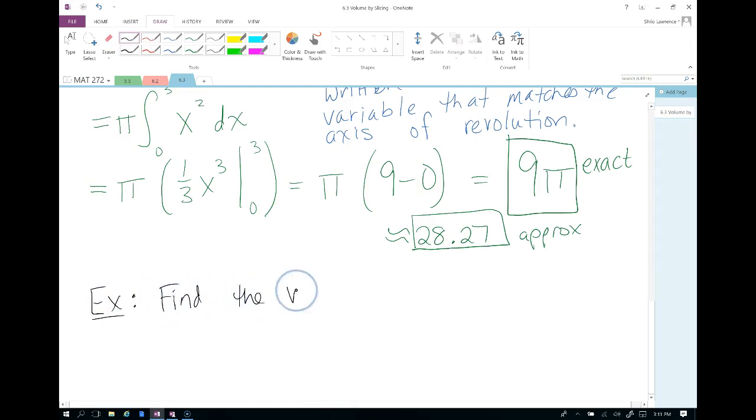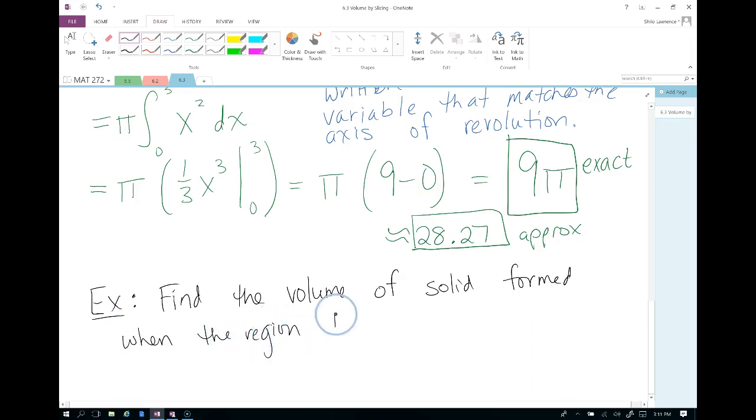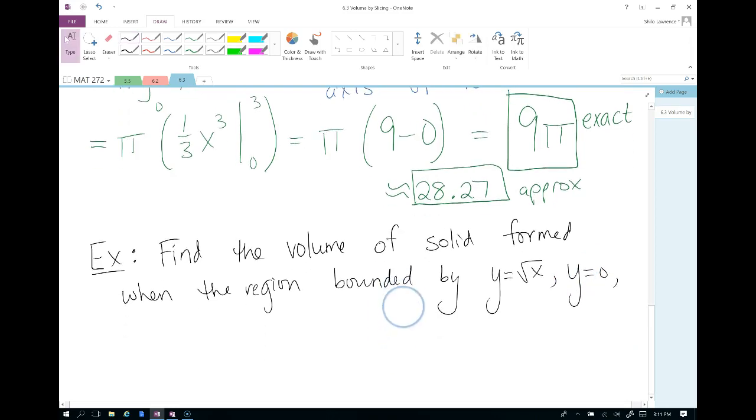We're going to find the volume of the solid formed when the region bounded by y equals square root x, y equals 0, and x equals 4 is revolved about the x-axis.